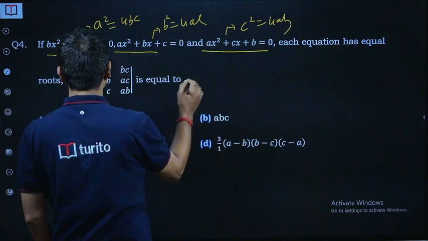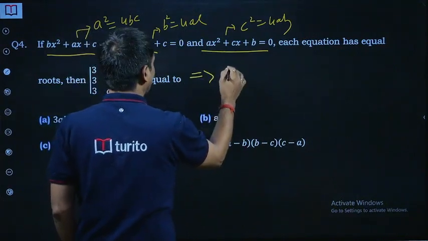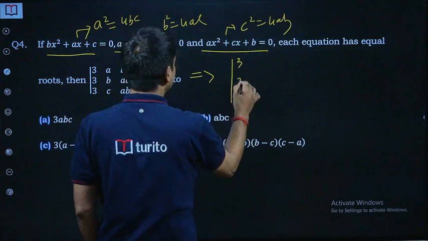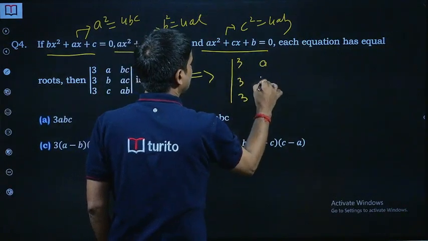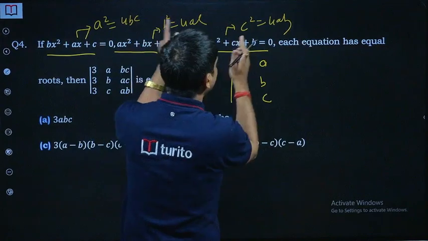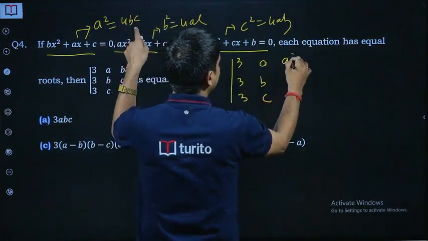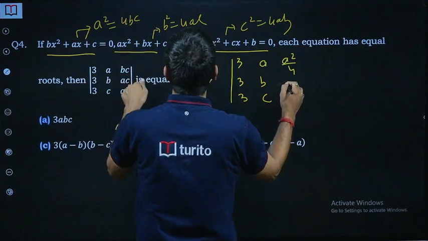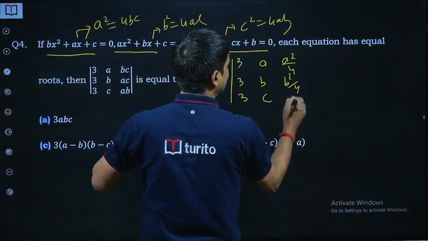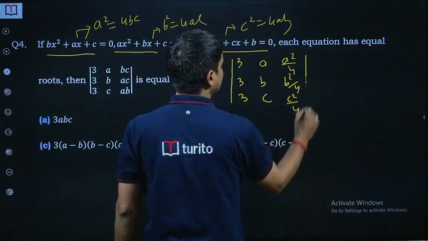So what do I get here? Then the value of this determinant: it's 3, 3, 3, A, B, C, then A square by 4, B square by 4, similarly C square by 4, isn't that, bacho?